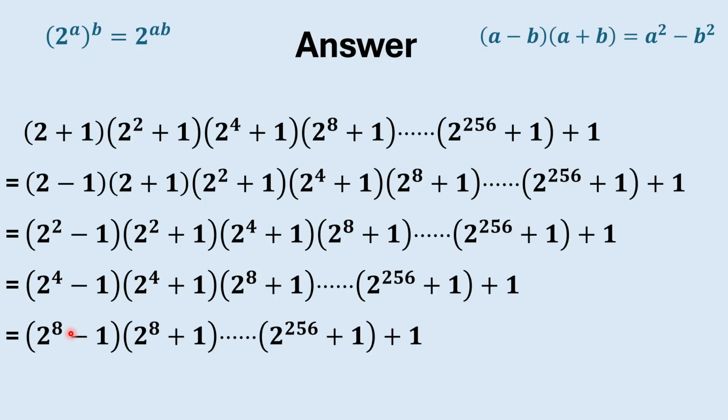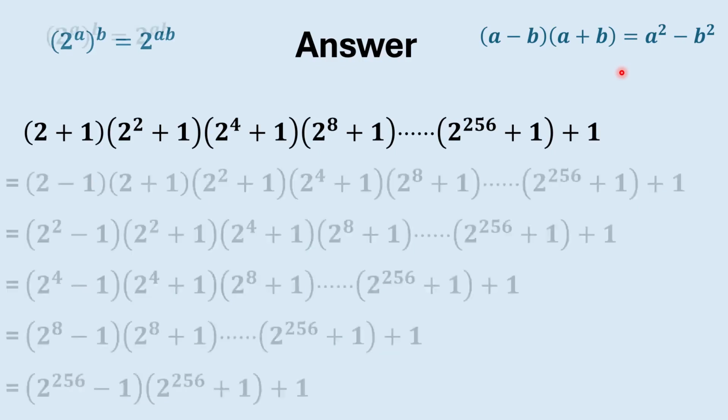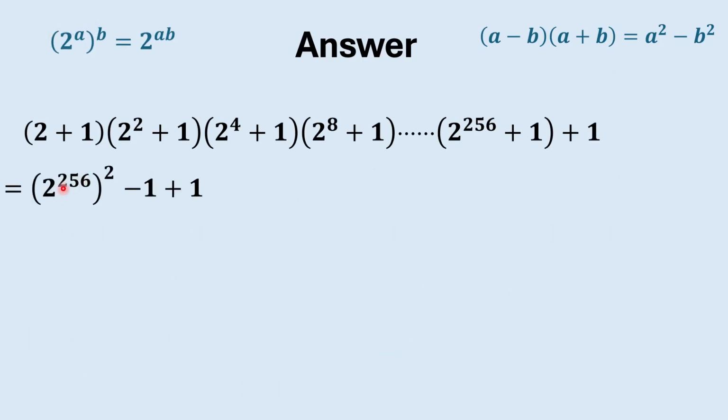So we can just keep doing this under the same pattern until at the end we get 2 to the power of 256 minus 1, times 2 to the power of 256 plus 1. Even at this very final step, these two items still satisfy the format of this formula. So it is equal to (2 to the power of 256) to the power of 2, minus 1, and then plus 1.